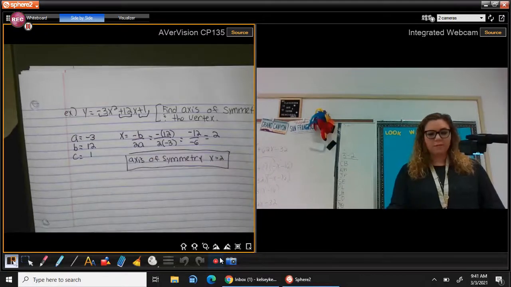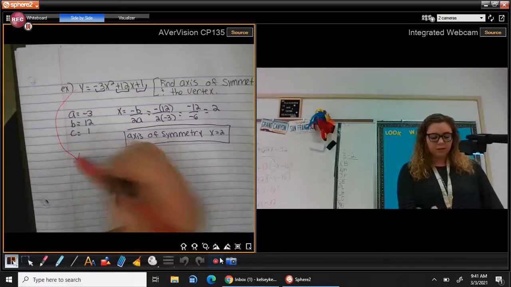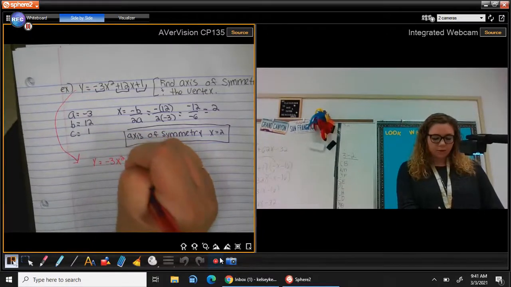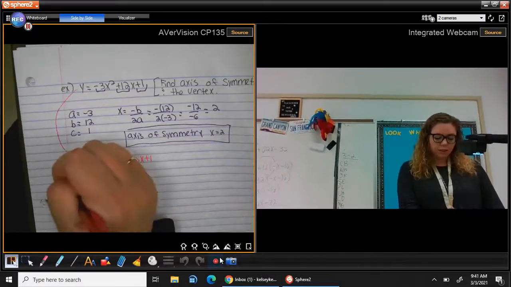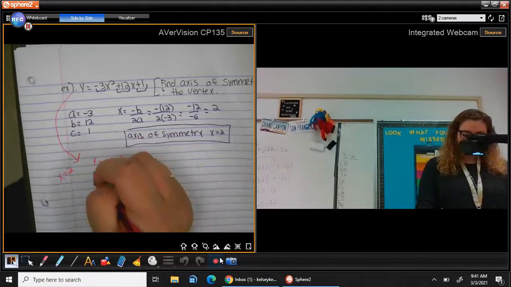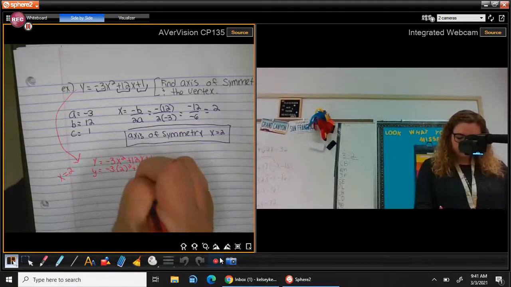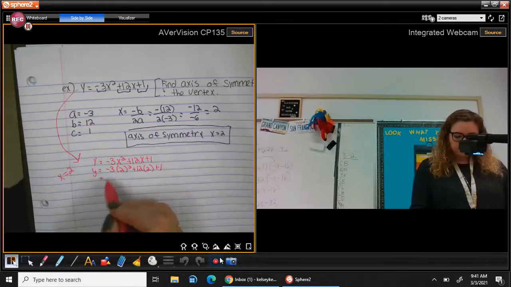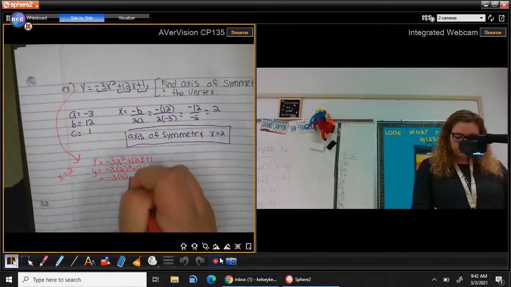And now we have to find my vertex, and to do that, I'm going to use this equation, y equals negative 3x squared plus 12x plus 1, and I'm going to plug in x equals 2. Anywhere I see an x, I'm going to put a 2. So I have 2 squared is going to give me 4. 12 times 2 is 24.